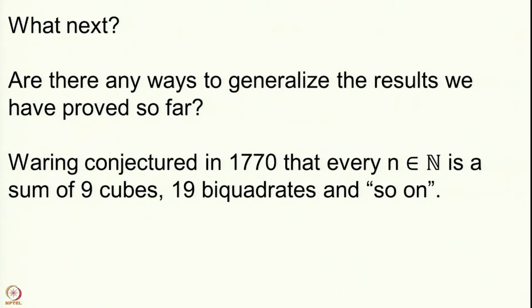If you require 4 squares to write every number, it should be possible to write every number using only 9 cubes, 19 biquadrates, biquadrates means fourth powers, and so on. So, Waring said that every positive integer is a sum of at most 9 cubes.